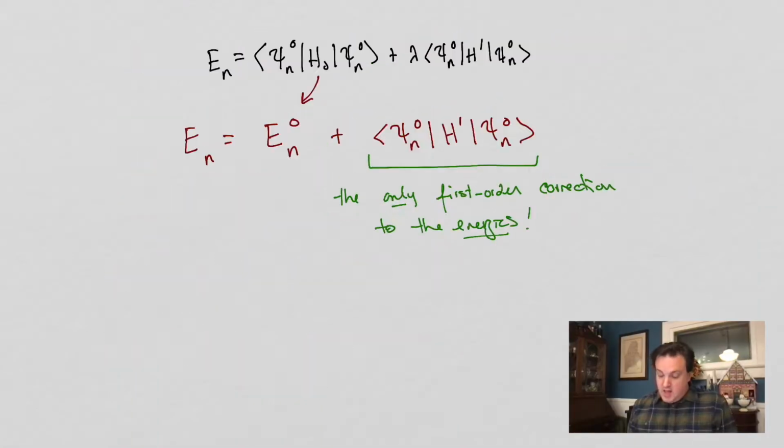And that's because if I'm adding a correction to a state, then that correction is orthogonal to the state I'm adding it to, and therefore those inner products are 0. And that's exactly what we're going to do. Right? We're going to say that the new energies are going to be the old energies plus this little correction. And you might say, is this hard to do? Well, no, right?